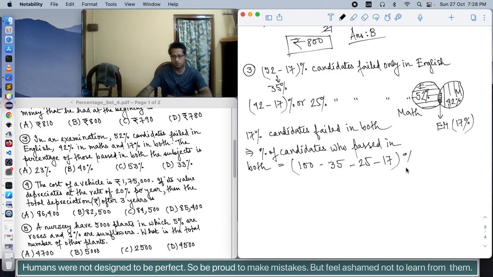This percentage should be the percentage of candidates who have passed in both the subjects. This is equal to 100 minus 77 percent, which is equal to 23 percent. So 23 percent are the candidates who have passed in both the subjects. So the correct answer is A. A is the correct choice.